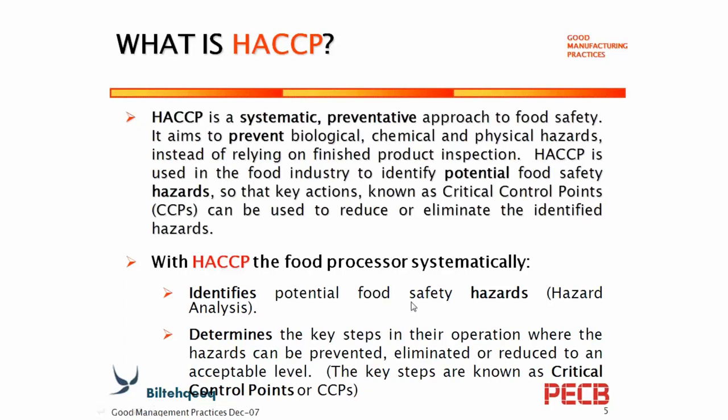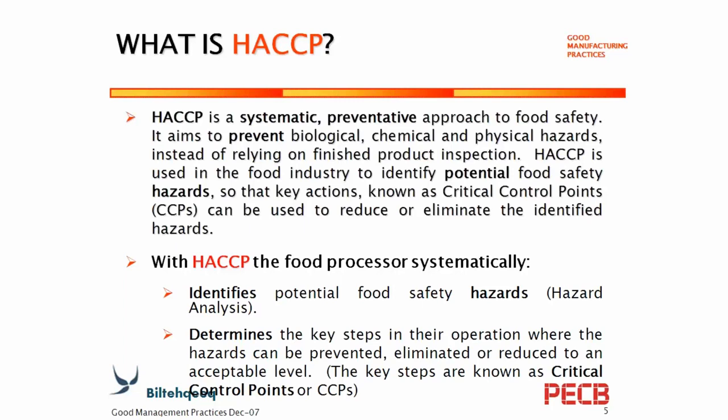You have to identify the hazards which can negatively affect your food quality, and then you have to determine the control points, the points from where you have to control these hazards.